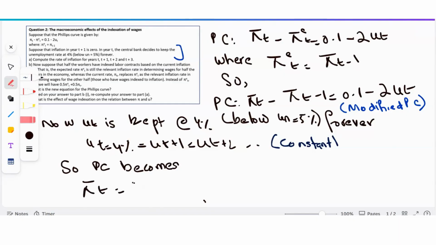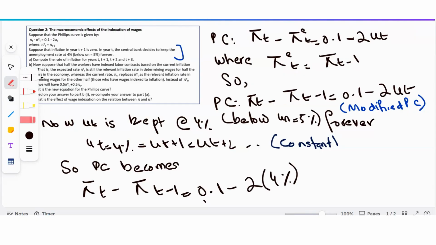we can simplify the equation as pi t minus pi t minus 1 is equal to 0.1 minus 2 times, instead of u t, I can write 4%.